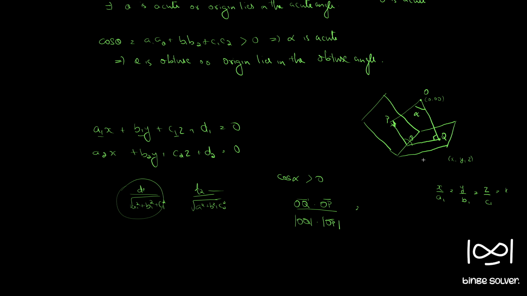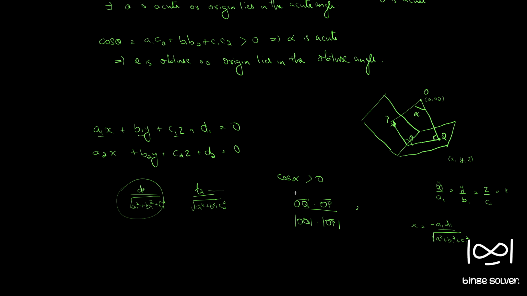Then we get x as minus a1 into d1 by root of a1 square plus b1 square plus c1 square. Similarly, you get y as b1d1 and z as c1d1, over the same root.